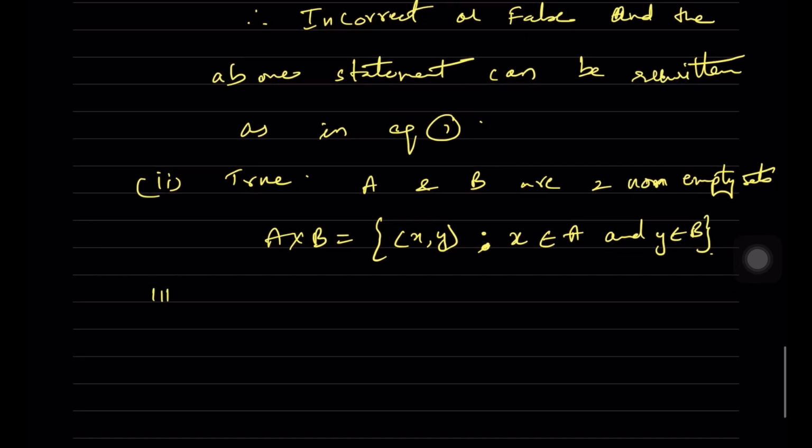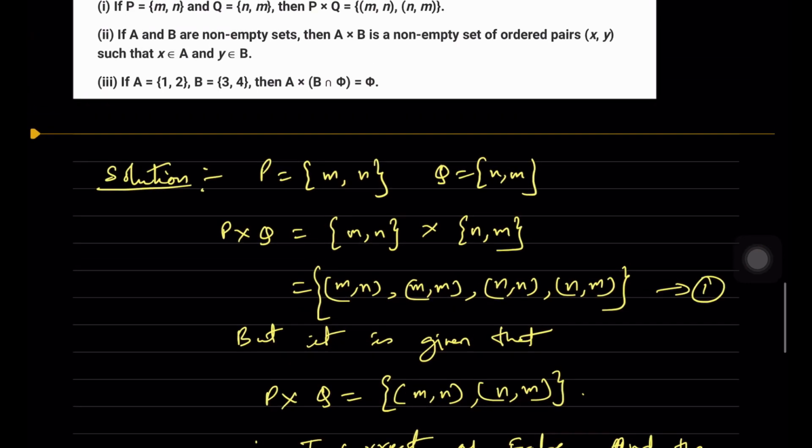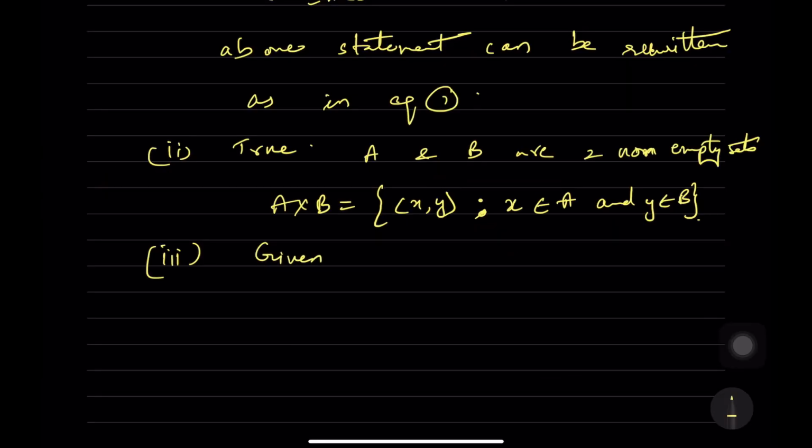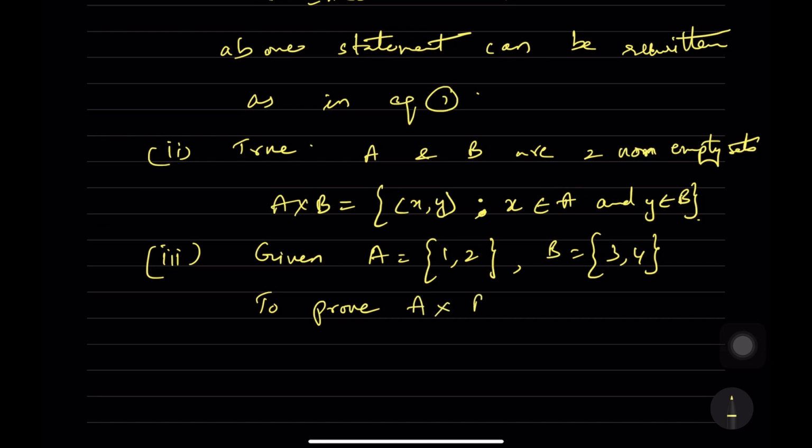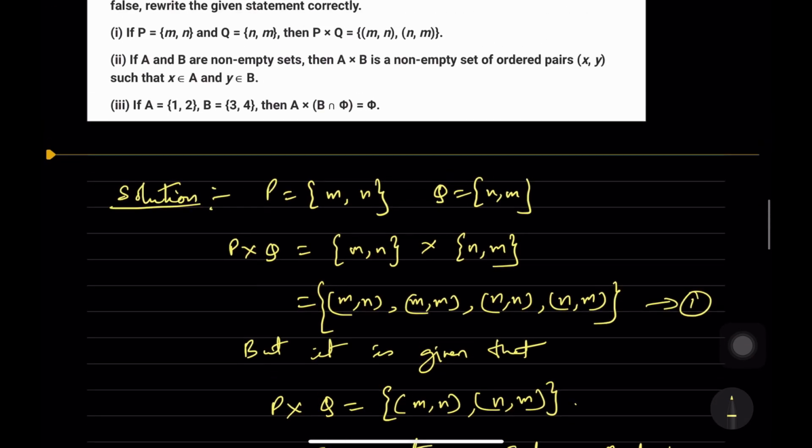Now third one. What is the third one given to us? If A is equal to {1, 2}, B is equal to {3, 4}, then (A × B) intersection phi is equal to phi. Given A is equal to {1, 2}, B is equal to {3, 4}. To prove: (A × B) intersection phi is equal to phi. We have to prove this.